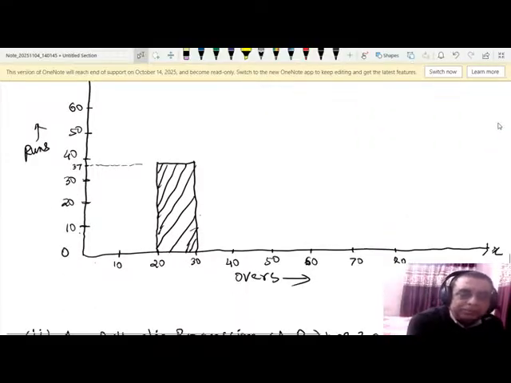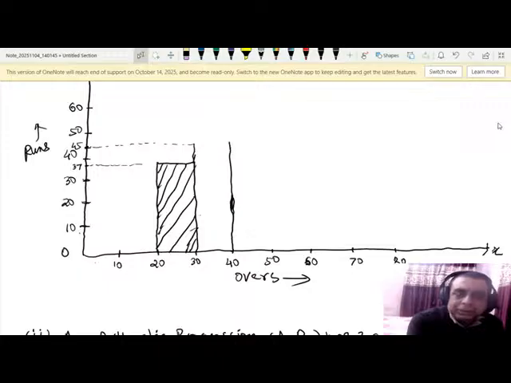So the fifth division, if there are 10 smaller squares between 40 and 50, the fifth smaller square will be representing 45 runs. So we will draw a bar rising from 30 and dropping at 40, and the height of that bar will be how much?